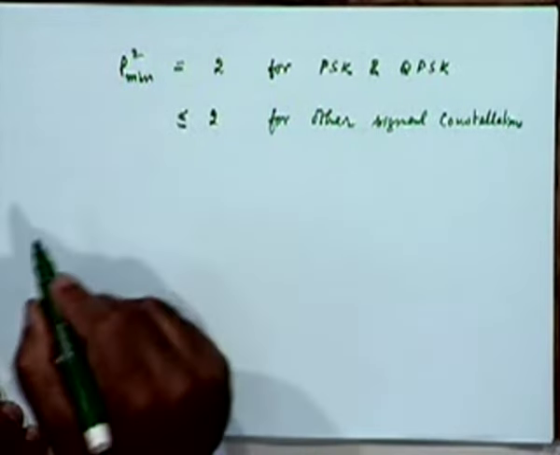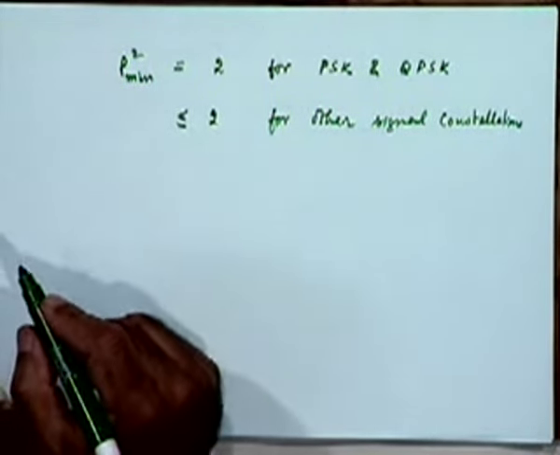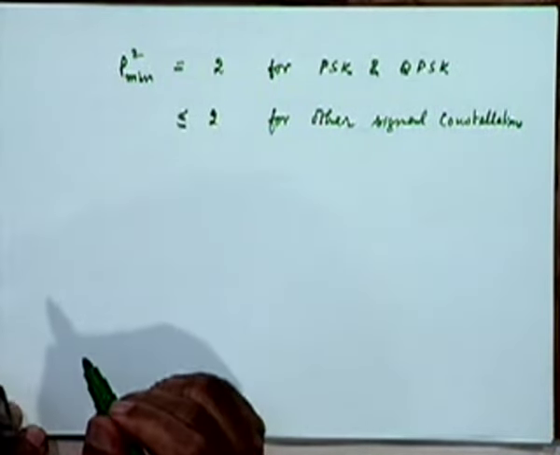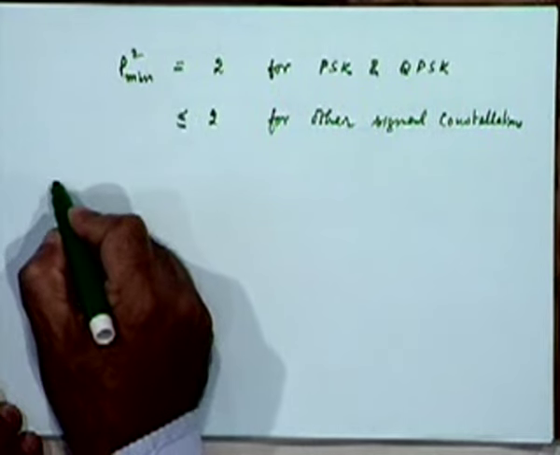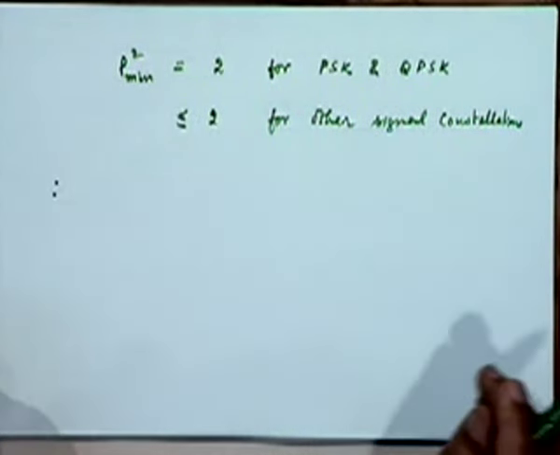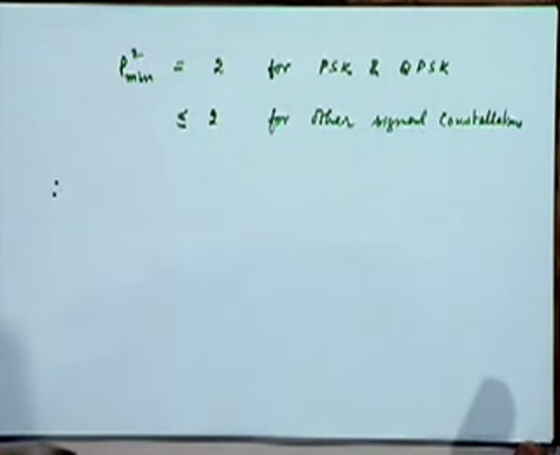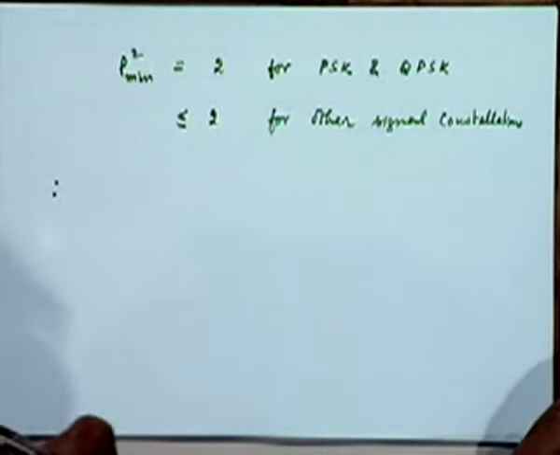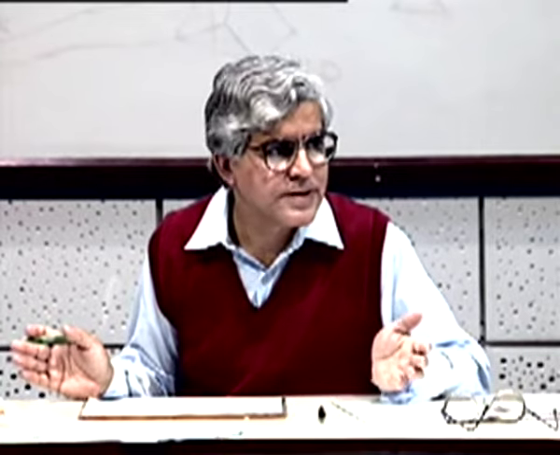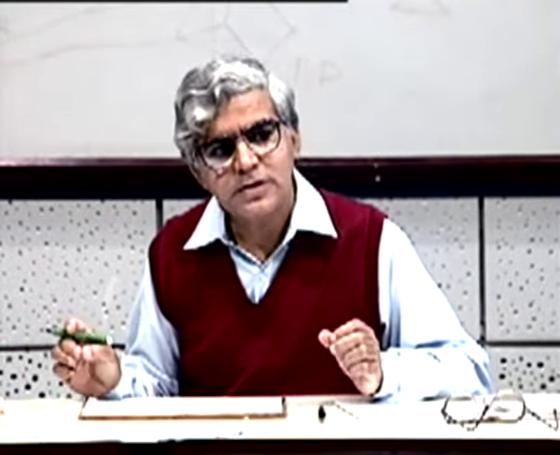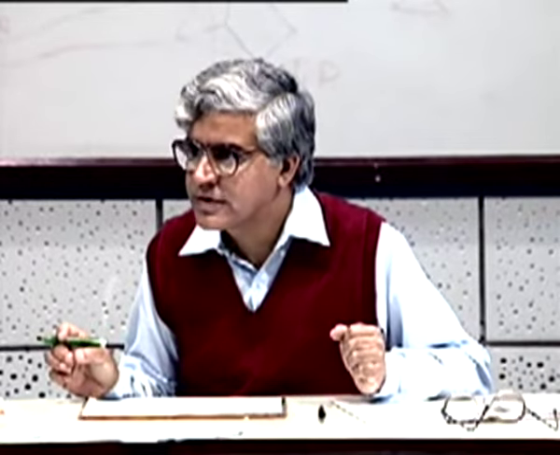Now, why is this important, rho min? Why do we call it a figure of merit for the constellation? Yes, that is true. Ultimately, in a digital communication system, the final performance measure is our probability of error for a given system. And here we are talking about the contribution of the constellation design in determining the probability of error.